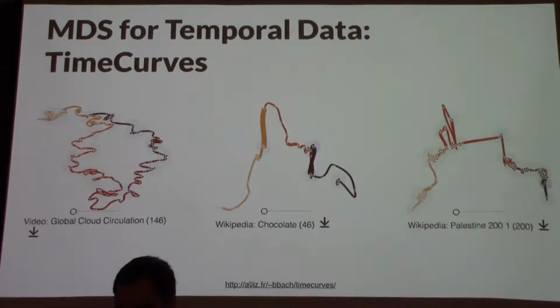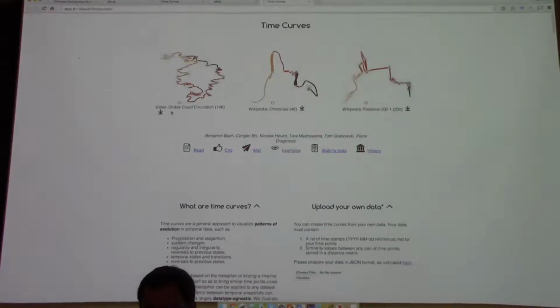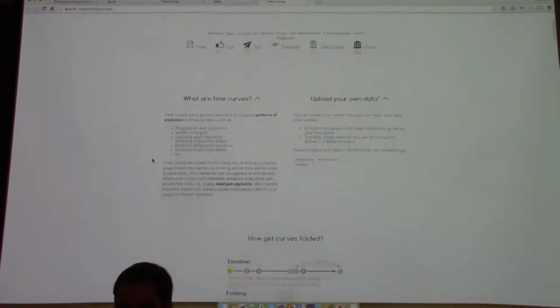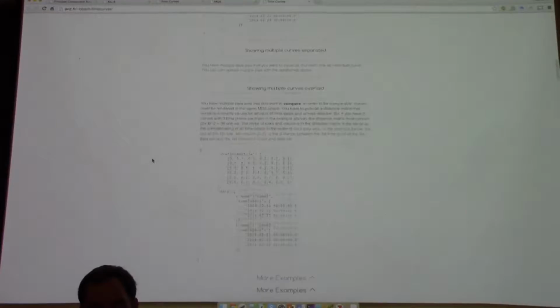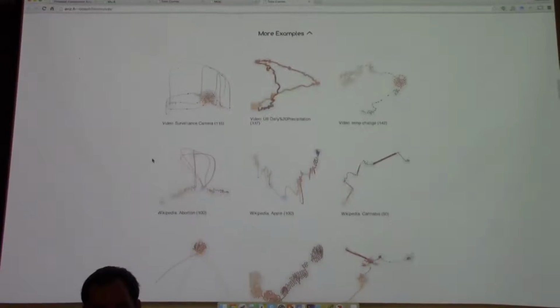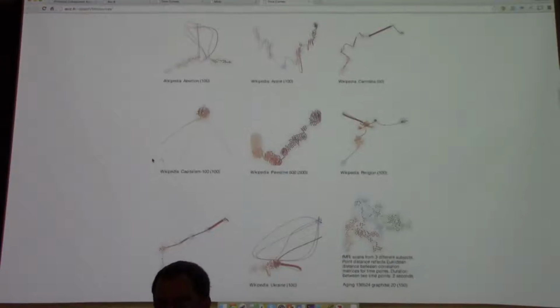And they did a really great job in also explaining how it works. And this is interactive, so you can influence how strongly the projection is done here. There are many examples, there's a lot of explanation, and you can actually create them yourself. Here are a couple of examples from many different data sets.